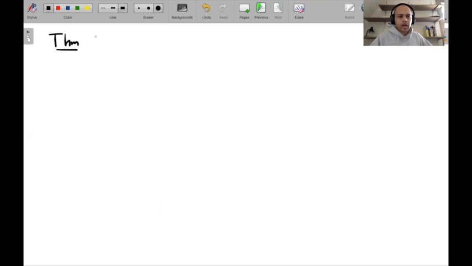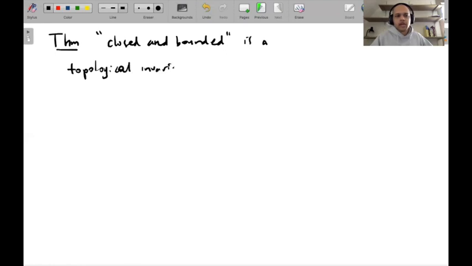So theorem: closed and bounded is a topological invariant for subsets of Rn. Okay, so this is very non-obvious, and it'll take us a couple of lectures to prove it.